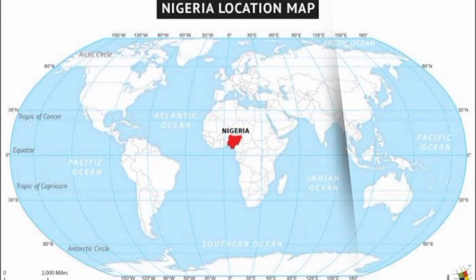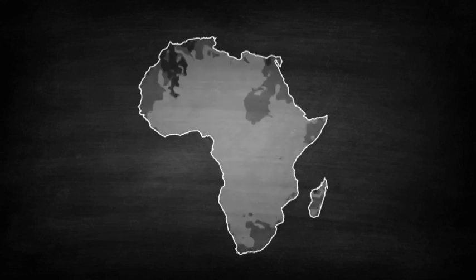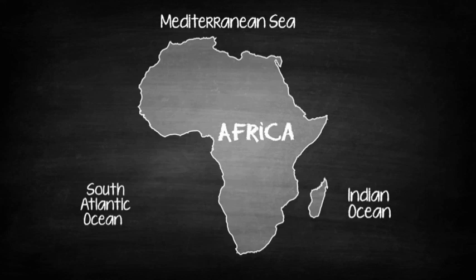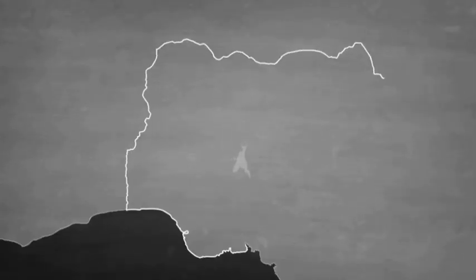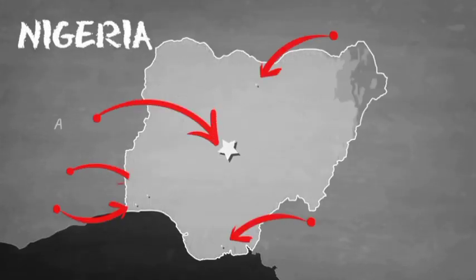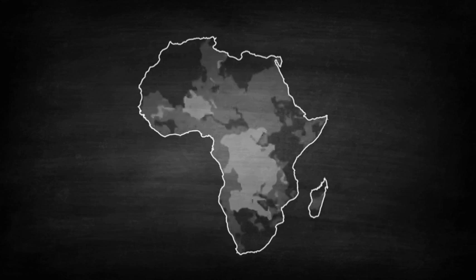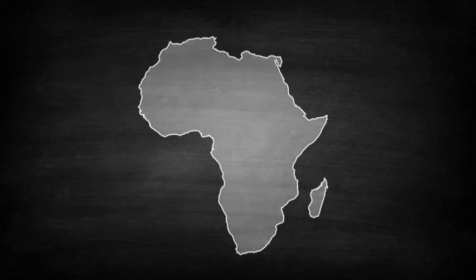With this, the country has a latitudinal extent of 10 degrees and a longitudinal extent of 12 degrees. One important consequence of the location of Nigeria between latitude 4 degrees north and 14 degrees north of the equator is that some parts of the country enjoy a hot, wet tropical climate throughout the year.